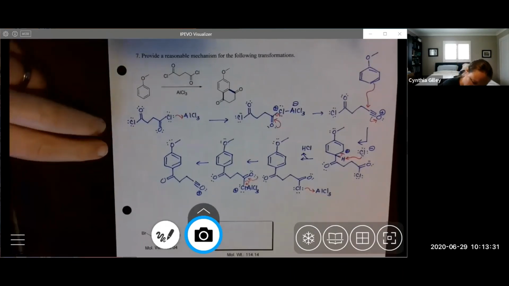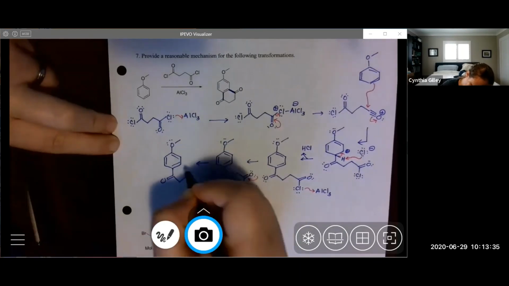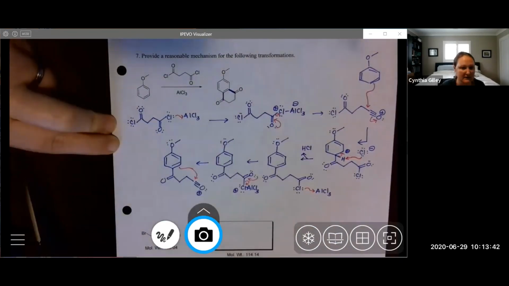Right, and now it's going to come over here. We can use this carbon. And you see the new bond is formed. It's going to form a 6-membered ring, which is a stable ring size.